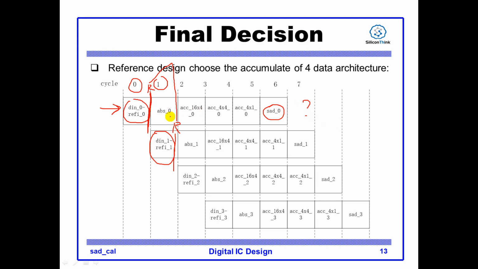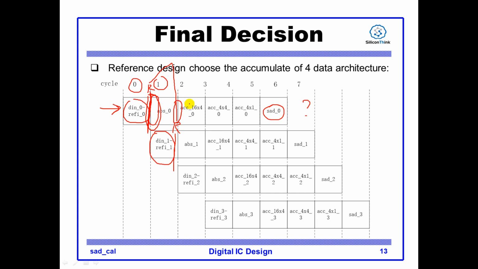This is because, to my understanding, after cycle 0, although the value of this register has been changed, you already have all the information to calculate the final result. That is, you already have the absolute value of each point.